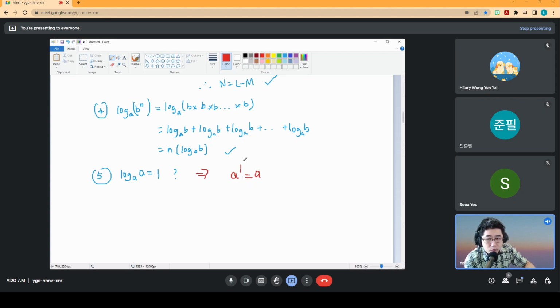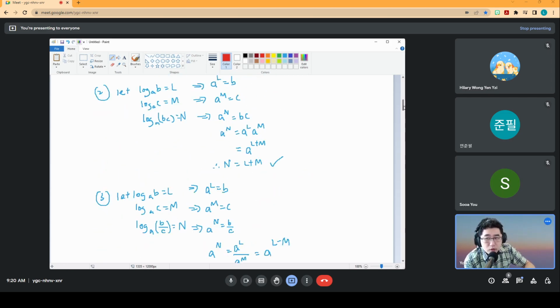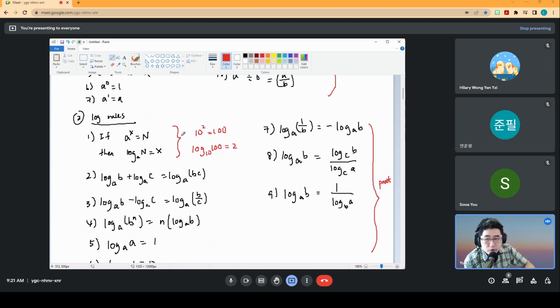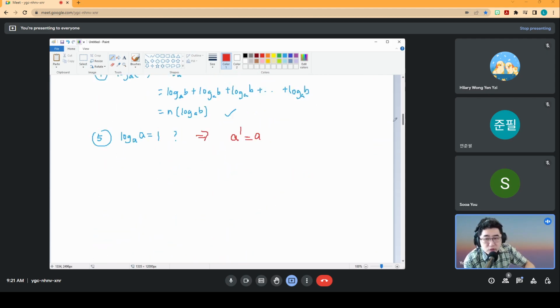We just don't write the 1 there, right? But if we follow rule 1, how are we supposed to write the formation? You will see that this can be written as log, this a is placed over here as the base, this a over here, and this 1 will be placed over here. Therefore, it's true. Can you understand?